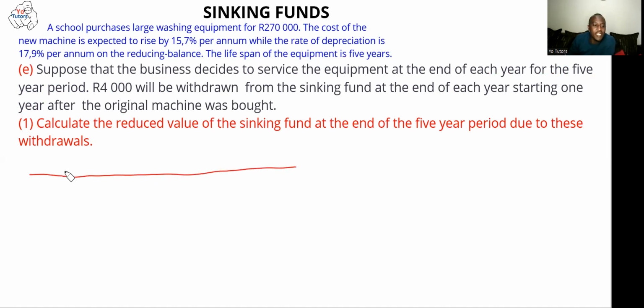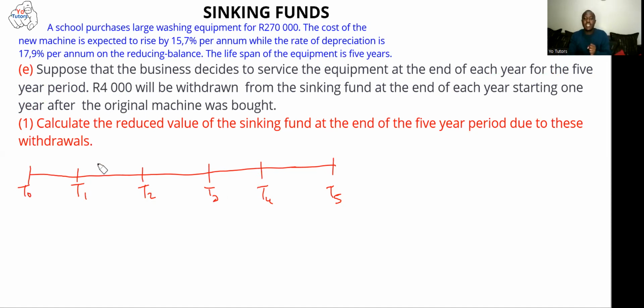Now, what happens is that let's just draw our timeline again here. So we have T0, T1. Let's talk of this one in terms of years, 5 years. T2, T3, T4, and T5. Now, how much is being withdrawn? 4,000.